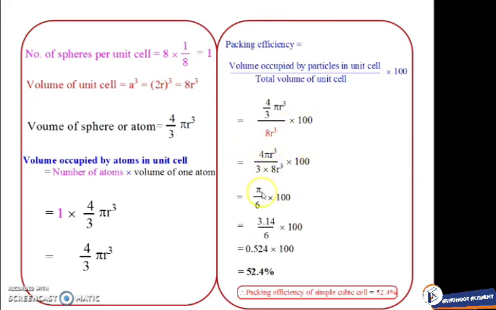When we simplify this, we get pi by 6 into 100, that is equal to 3.14 upon 6 into 100, that is equal to 0.524 into 100, or 52.4%. It means the packing efficiency of simple cubic cell is equal to 52.4%. So this much space is occupied by the atoms and the rest of the space is empty, that is 47.6% space is empty.